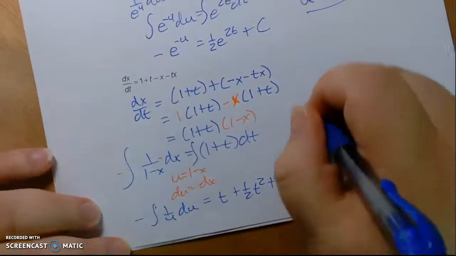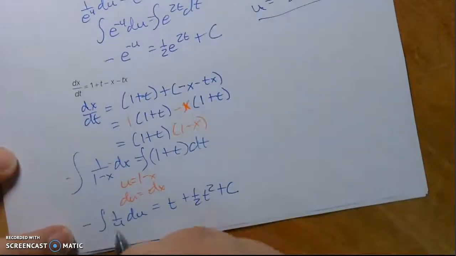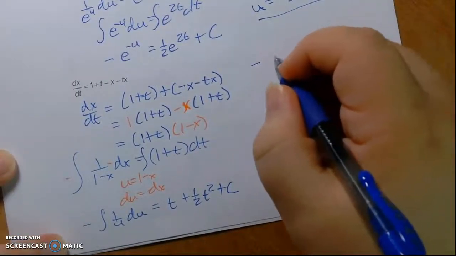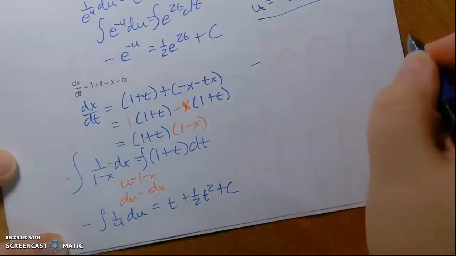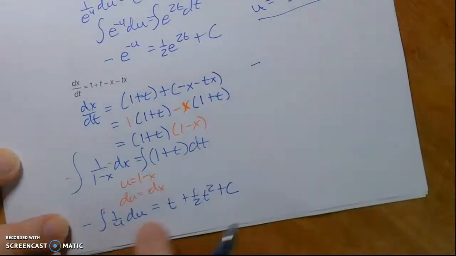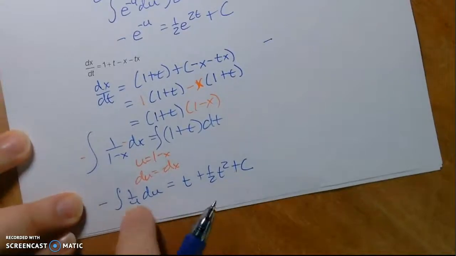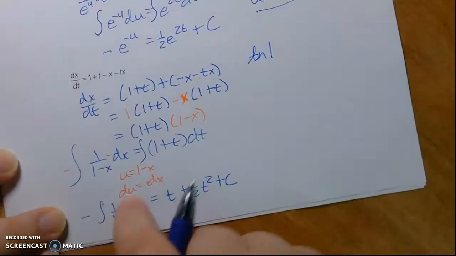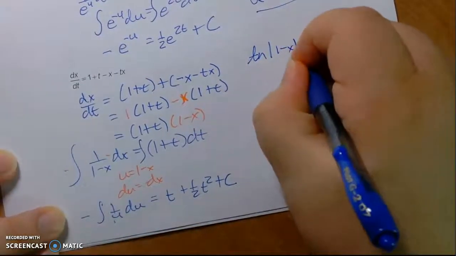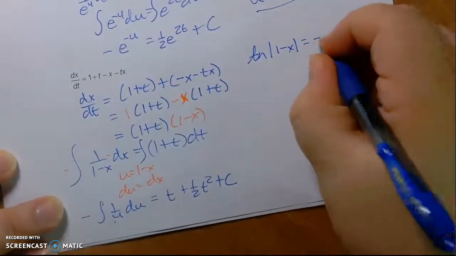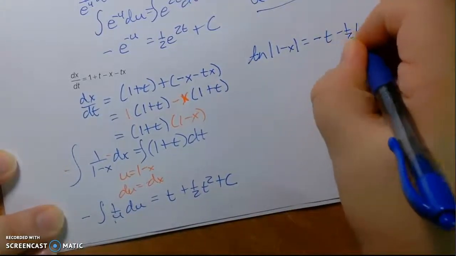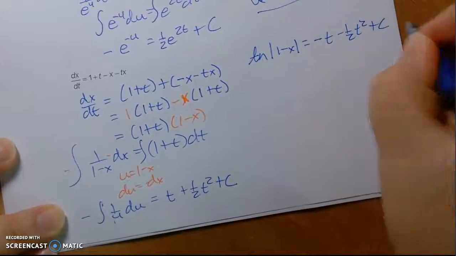Jump up to the other side here. Integral of 1 over u with the negative sign in front, so negative. All right, let's move the negative sign to the other side while we integrate. So we're going to make this negative and get natural log of u, which is 1 minus x. Okay, now the negative sign's on this side, so minus t minus 1/2 t squared plus c.